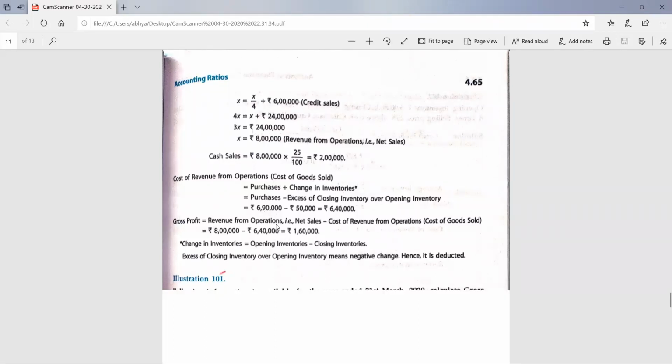Excess of closing means change in inventory is negative, because the formula is opening stock minus closing stock. So if closing stock is more than opening stock, then change in inventory must be negative. So 690 minus 50,000, which is equal to 640, is the cost of RFO. So easily we can find out the answer.